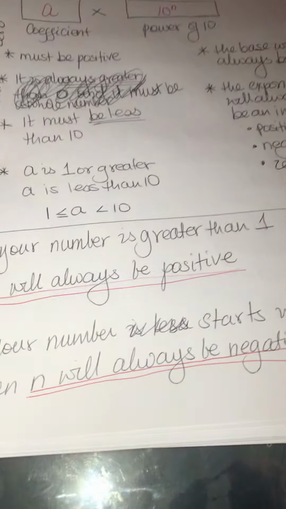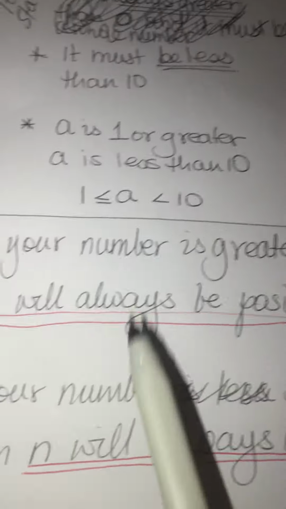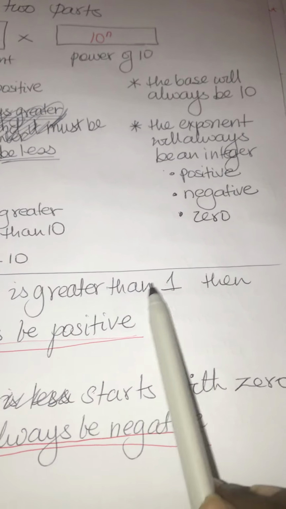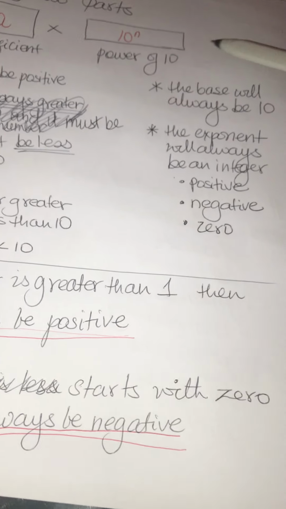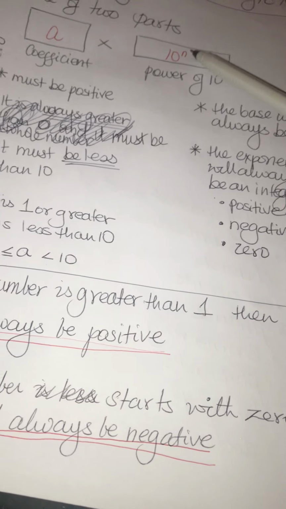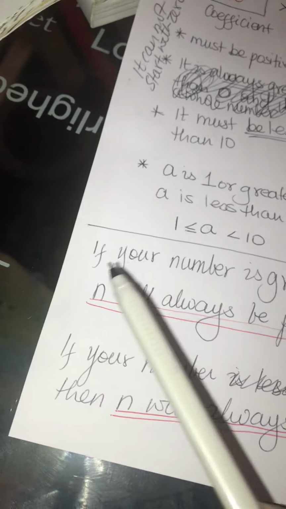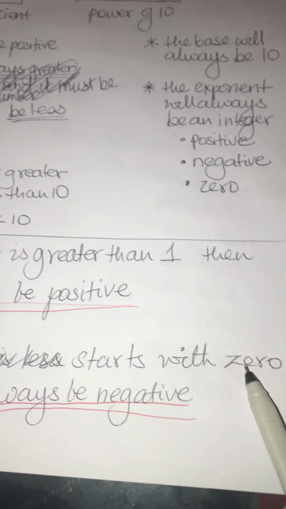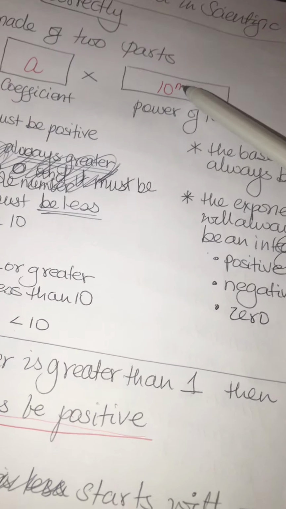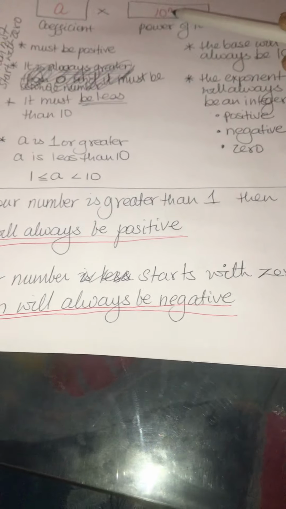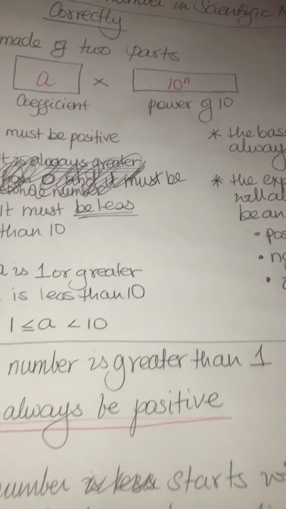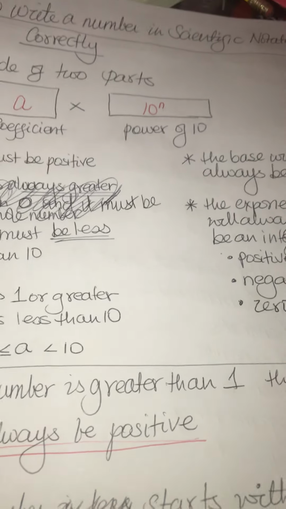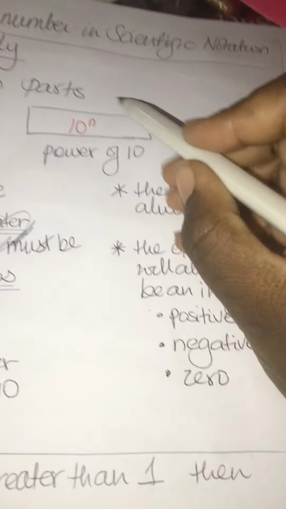So how do you know? There are some rules you should know when you're writing scientific notation, okay? If the number they gave you is greater than 1, then the n will always be positive. If your number starts with 0, then your n will always be negative. So when you're given a number and they tell you to write it in scientific notation, if it starts with 0, n is negative.